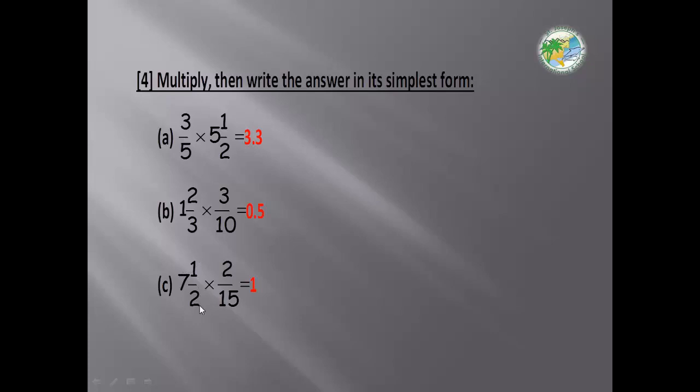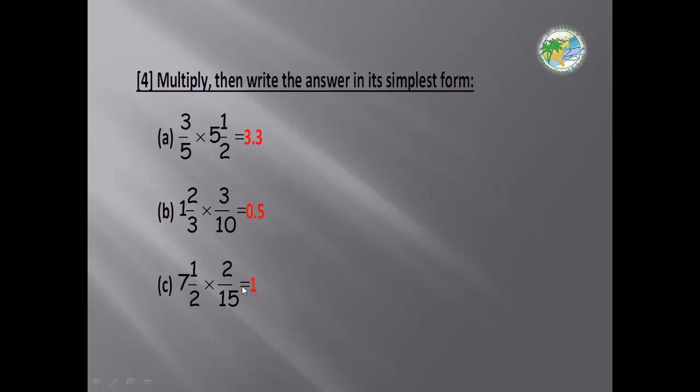Very good questions. We can multiply 15 times 2 equals 30, or 2 times 15 equals 30, 30 over 30 equals 1. Another method. The 2 goes together with the 2, so it will be 1. And here the 15 goes with the 15, it will be 1.